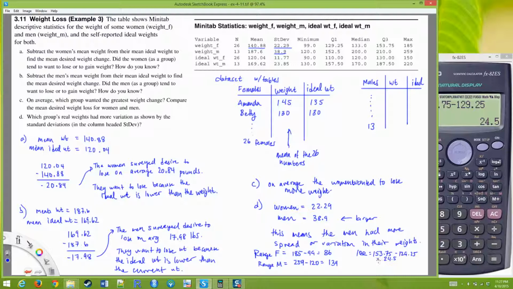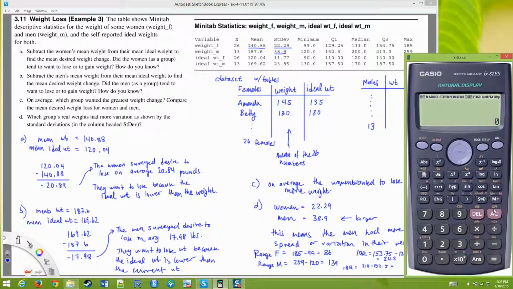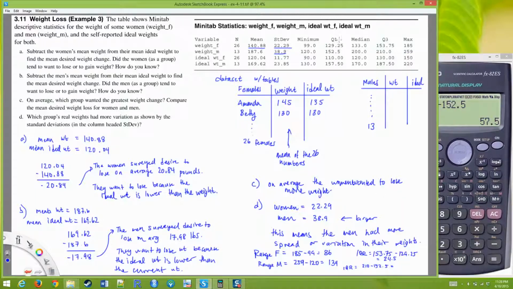And the IQR for the males is going to be 210 minus 152.5, and we get an IQR of 57.5.